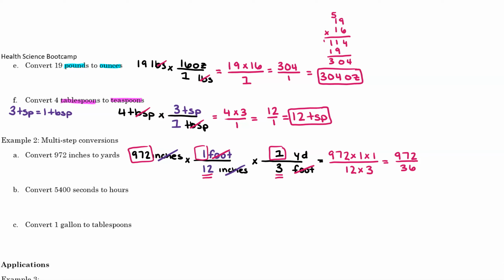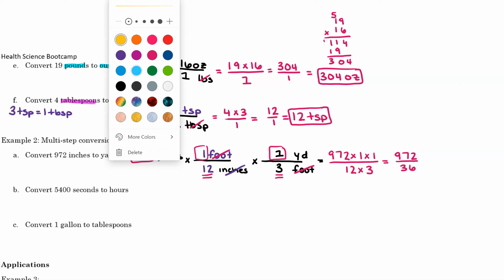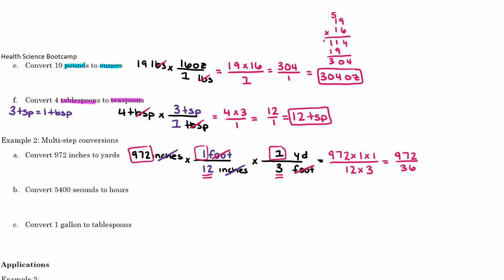So again, you can go through the process of long division, and you can divide and subtract and multiply, subtract, bring down. Or you can simplify the fraction a little bit and then maybe even change it to a decimal if you need to. But I feel like trying to figure out how many times 36 goes into 972 is a lot of work. It would be a little bit easier for me if I said, hey, these are both even numbers, so I'm going to divide by 2.